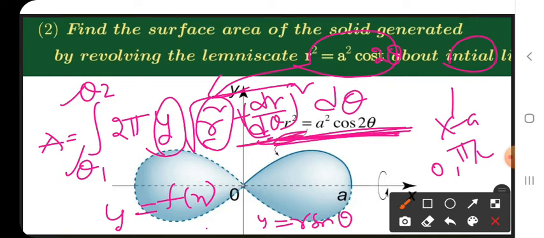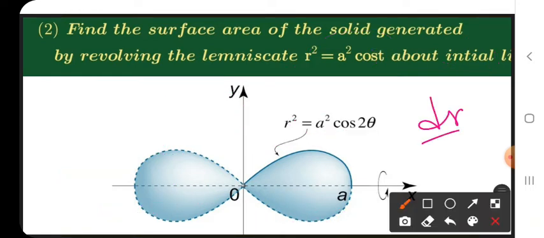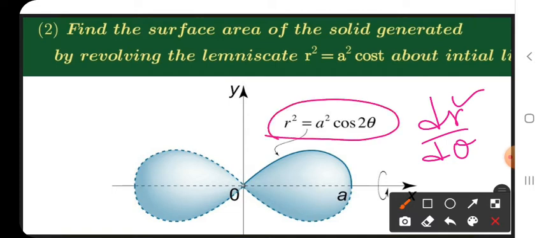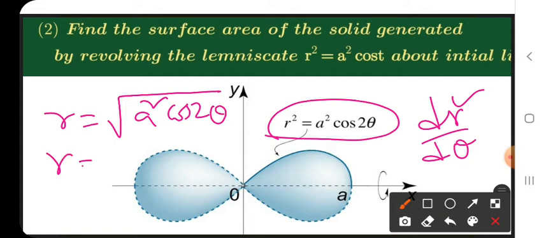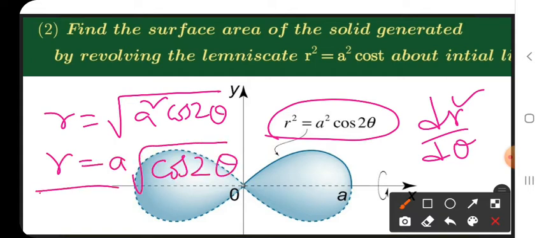And dr by d theta means the derivative of r. Here we have r square equals a square cos 2 theta. What is r? r is root of a square cos 2 theta. Root a square means a, I write outside, and cos 2 theta is in the root. This is the value of r. By differentiating this with respect to theta, we get the dr by d theta value.